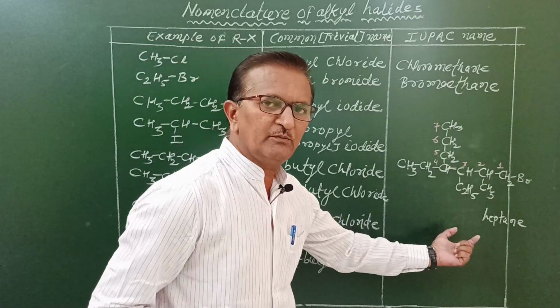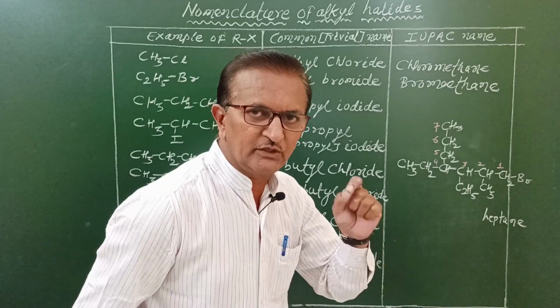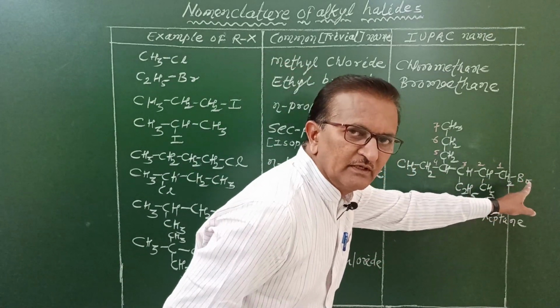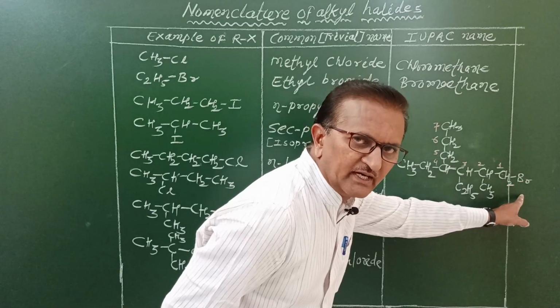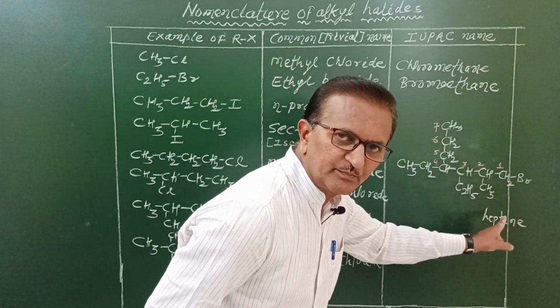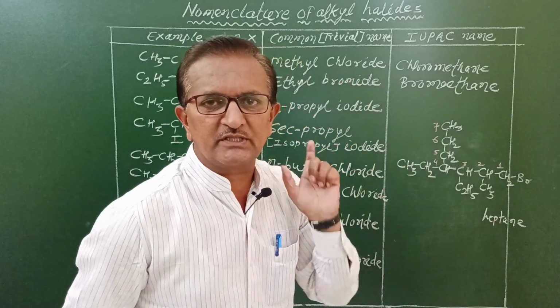Once we write the name of the parent alkane, then we have the next rule: introduce the name of the halogen atom in this parent alkane, or in this parent name, along with its position.